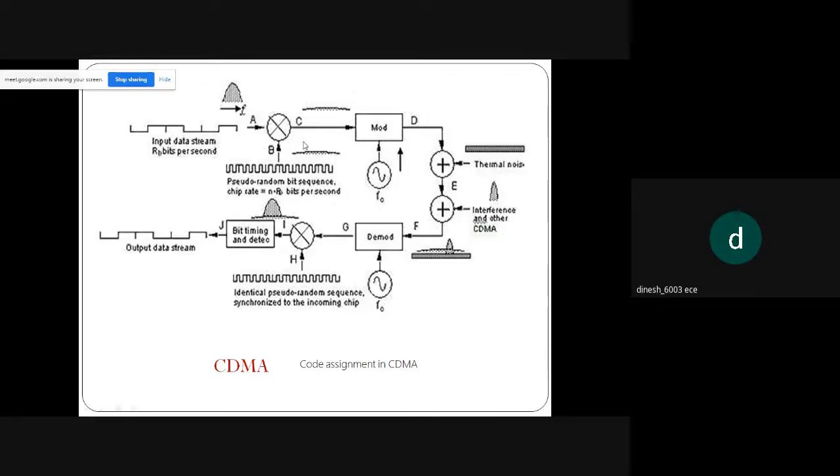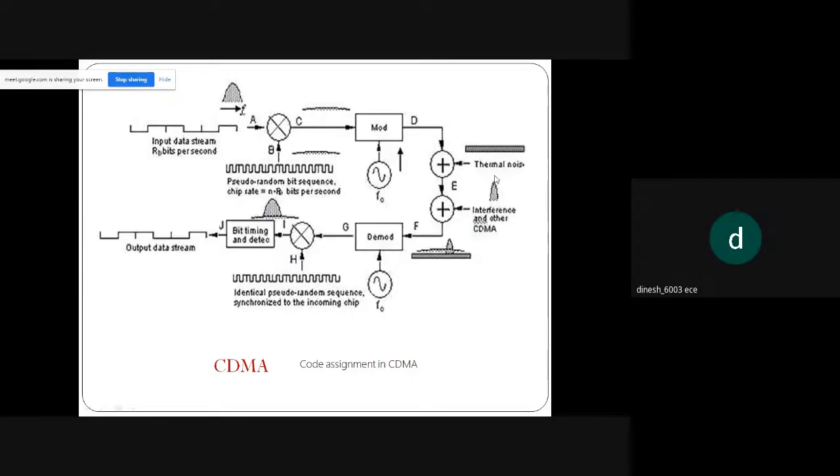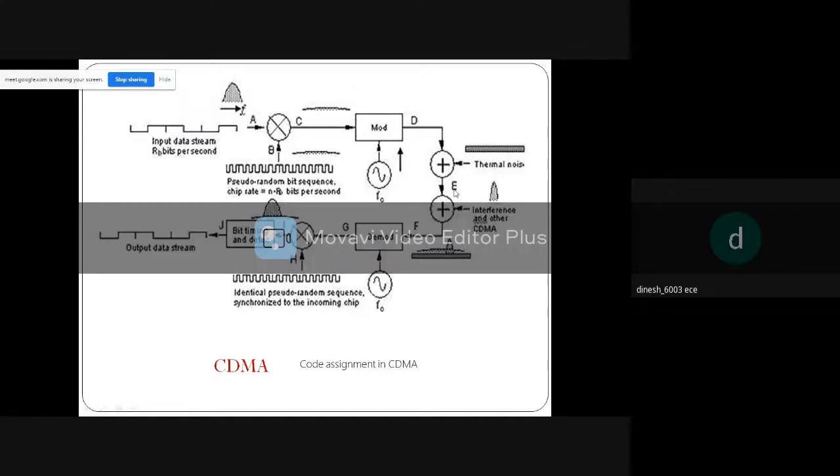Then at C we get the CDMA signal, which is transmitted to the modulator. Then this is given to D. Then thermal noise is added at point E, and interference from other CDMA signals is obtained at the receiver. So this is at F.